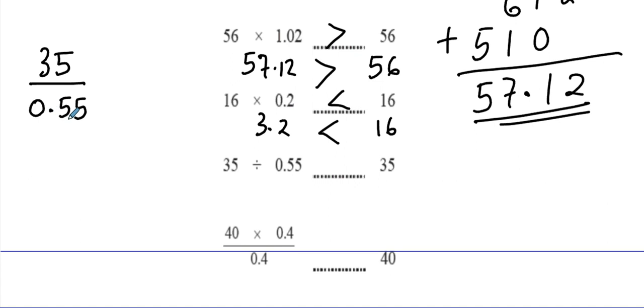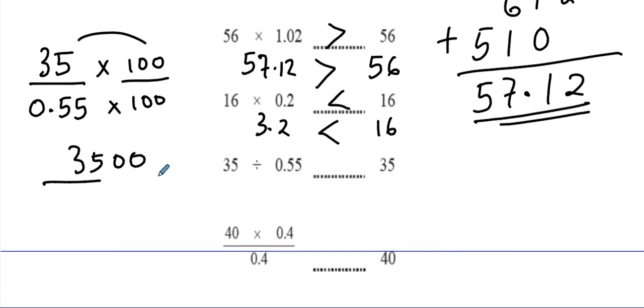We have two decimal places, so multiply by 100 over 100 to remove the decimal places. So 35 times 100 is 3500, divided by 0.55 times 100, which is simply 55.